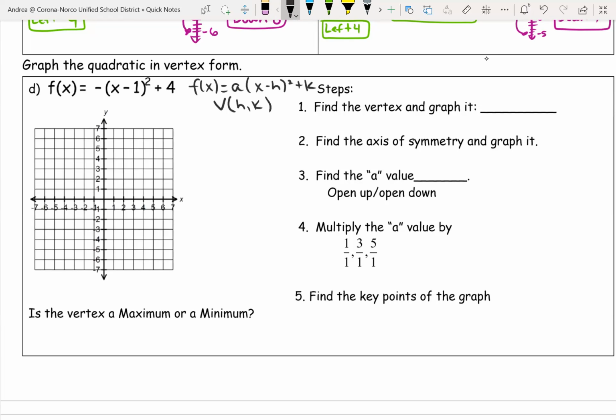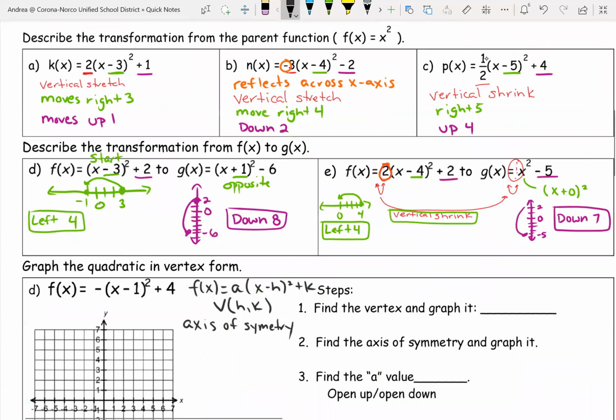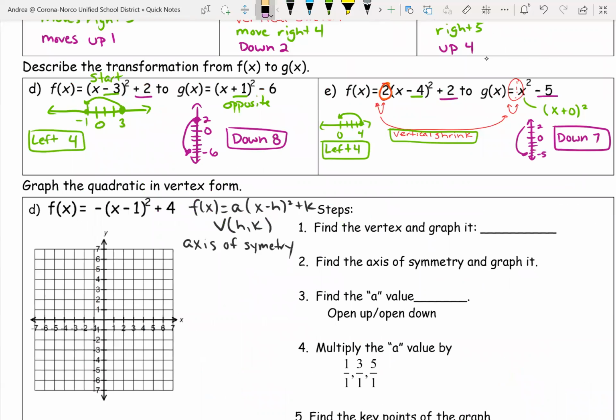The axis of symmetry is just x equals h. Remember, axis of symmetry is where I can fold it in half and it'd be equal on both sides.